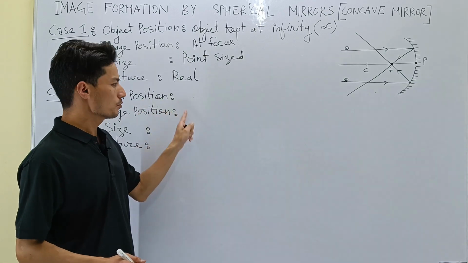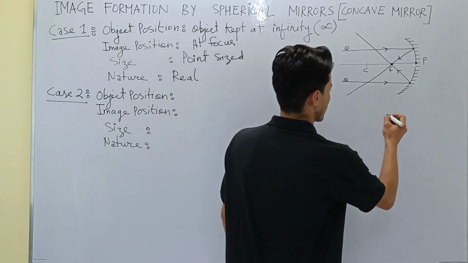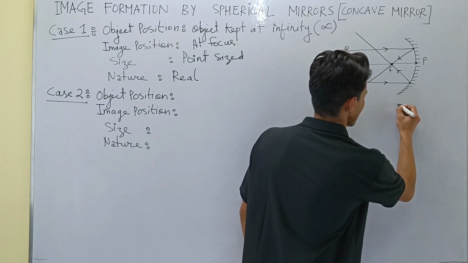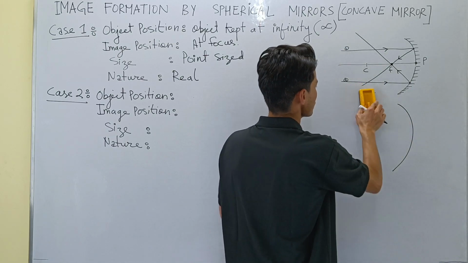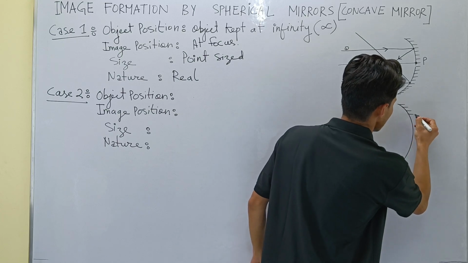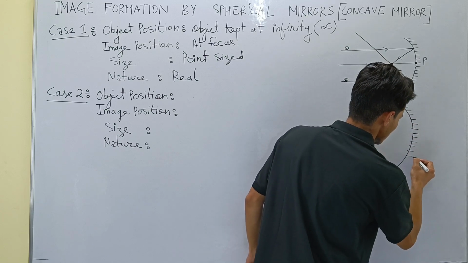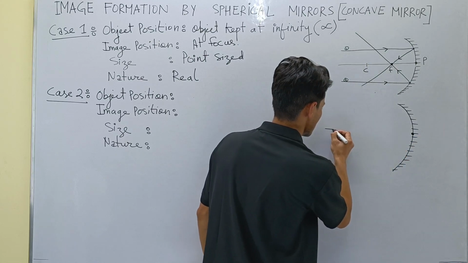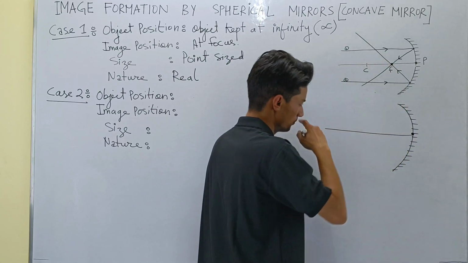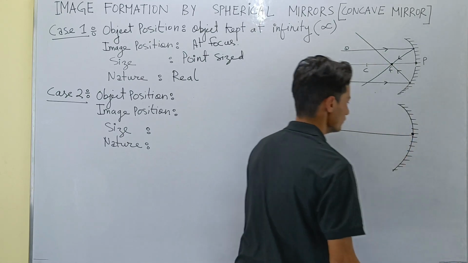So let's first draw the ray diagram. This is the pole, this is the principal axis.